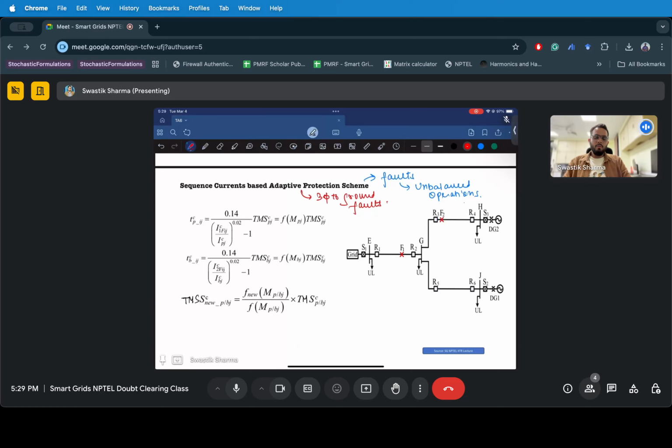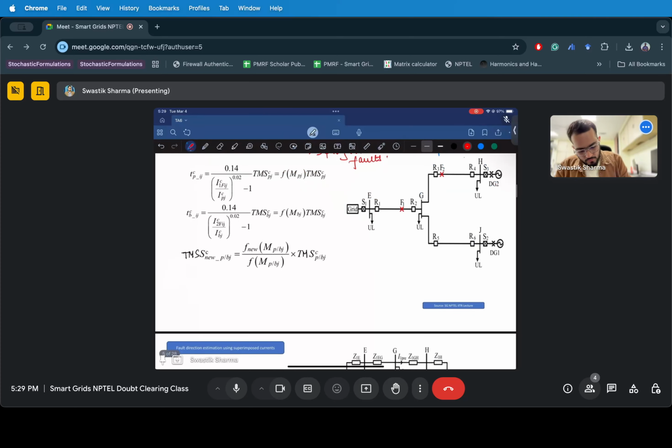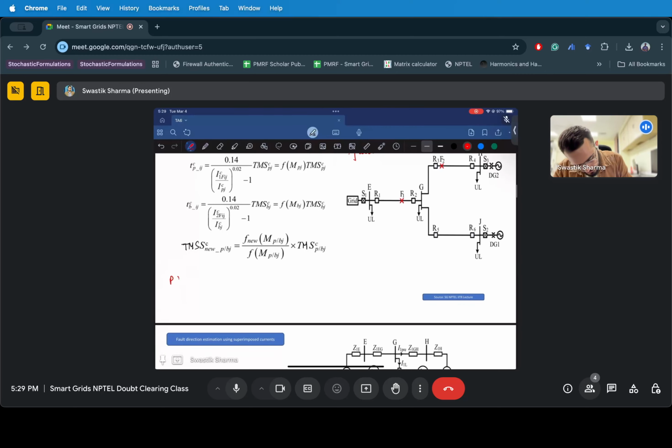So how do you come up with the settings? First, you calculate the plug setting multiplier, PSM, for the primary relay.